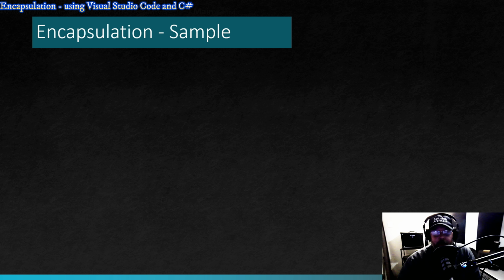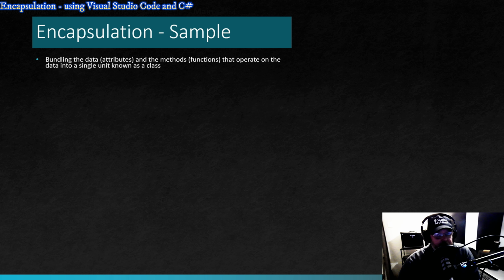But if you want to actually go to an interview, this is one of the questions that they ask you quite regularly. So let's go through the description of encapsulation. This is one of the fundamental principles of object-oriented programming that involves the bundling of data, attributes, and the methods or functions, it depends what language you use, that operate on the data into a single unit known as a class.